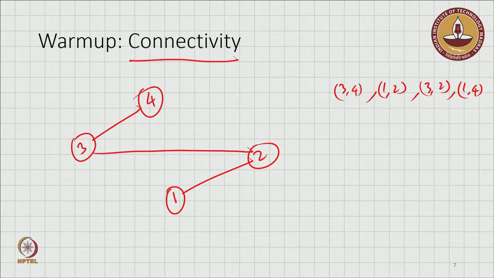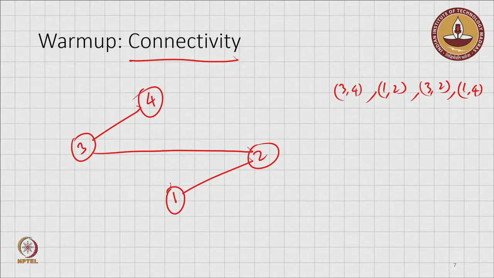And given the information that we have, we already know that 1 and 4 are connected. And with that being the case, there's no real virtue in including this edge 1, 4 in our data structure. So we simply can avoid this edge.